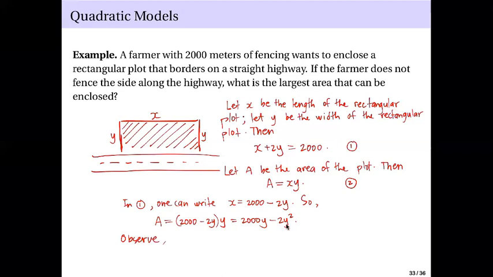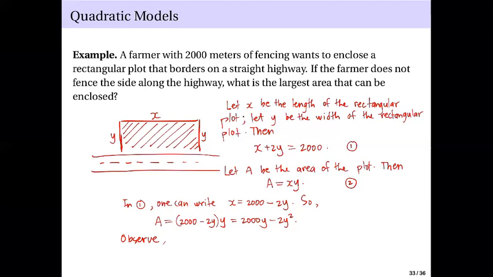The coefficient of your term y squared is a negative number. Correct? Which means that the graph of this function is opening downwards. And furthermore, it will have a highest point. Okay? Which means we can have the largest area.